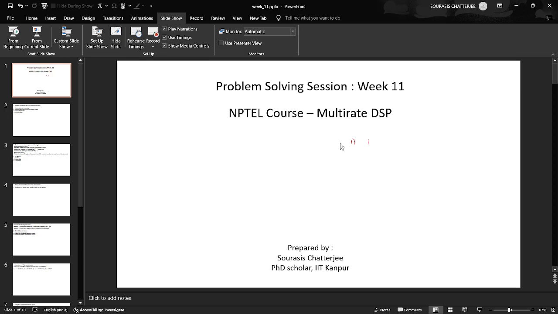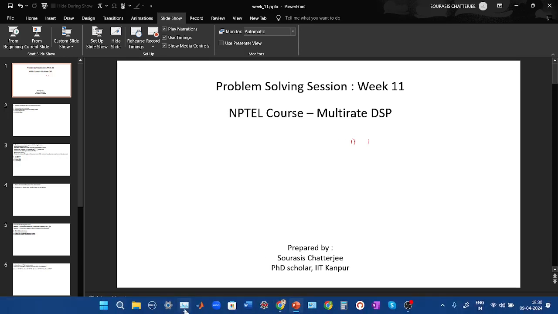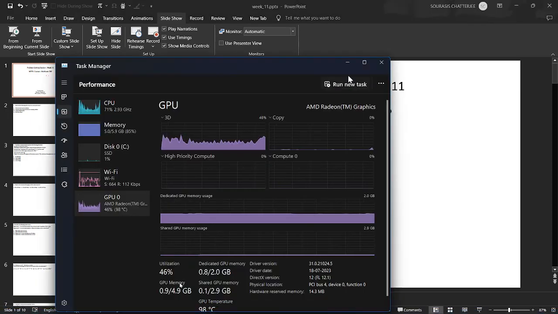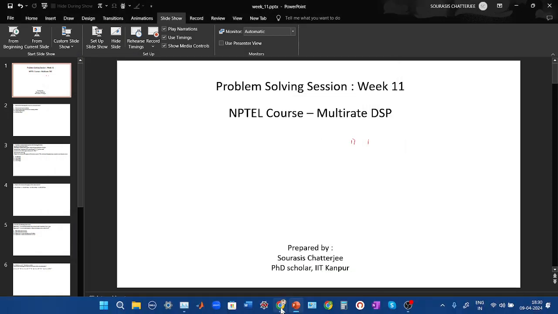System got kind of hanged. Giving it a minute to resolve. Guess need to close some tabs.